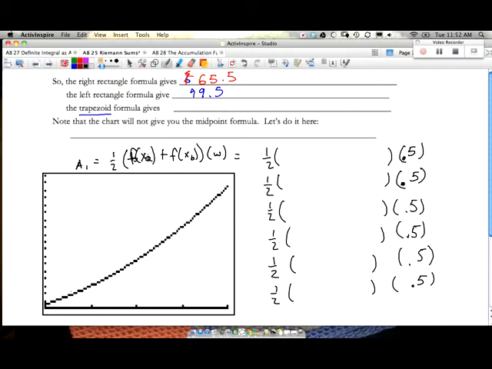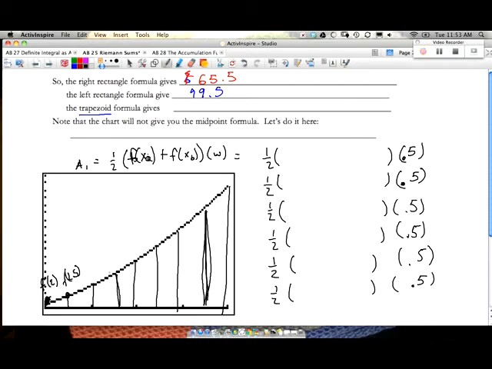So for this height, for the first one, remember we split this up into 8 boxes. Or in this case, trapezoids, I should say, not boxes. And for each of these heights, for example, this first one has 2 heights. It's going to be f of 2 and f of 2.5.